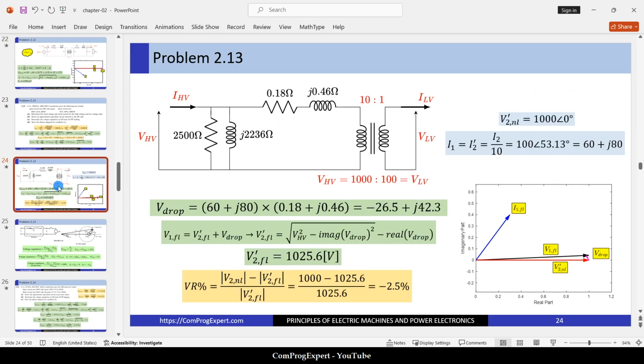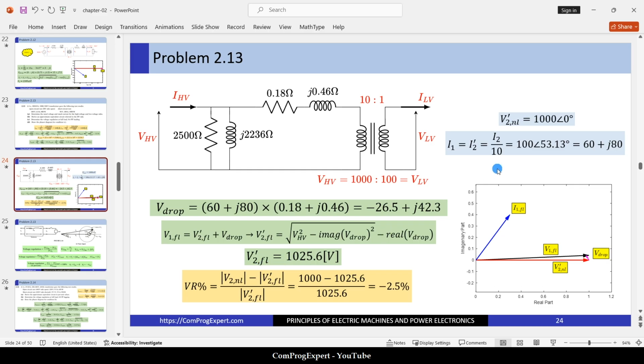We calculate its amplitude using this equation. We know the high voltage V1, and we have these two numbers, the imaginary part of the voltage drop and the real part. So if you replace the numbers, this will be the value of the V2 prime for the full load case.